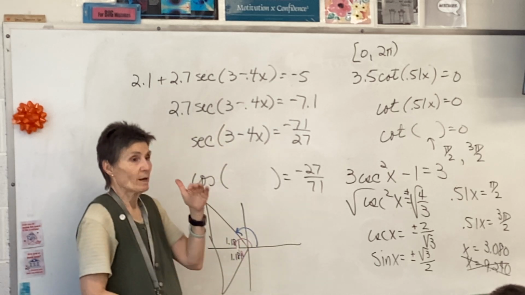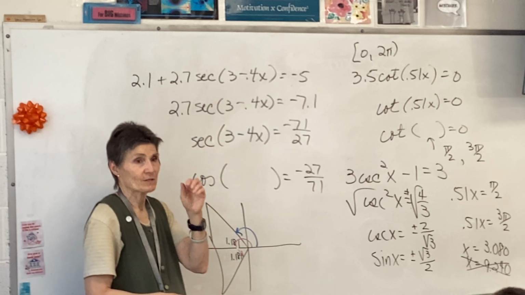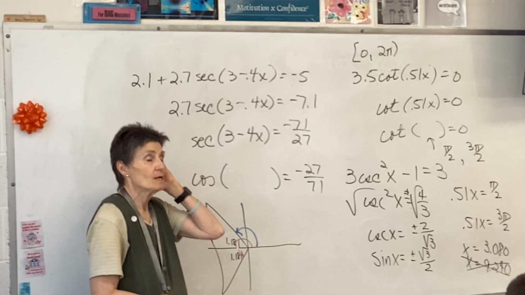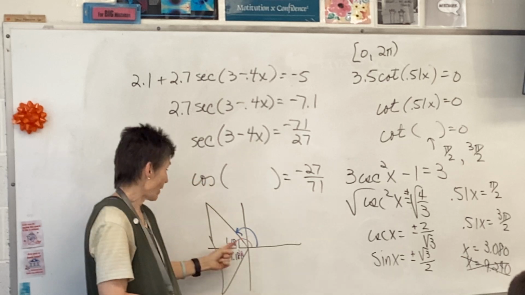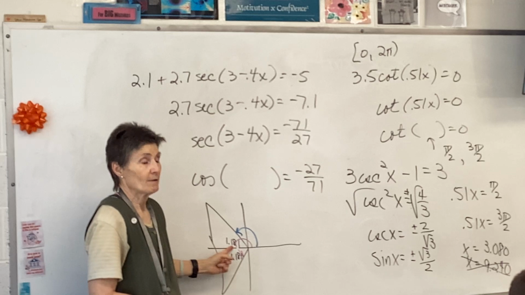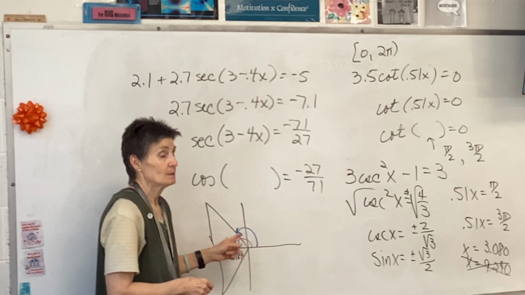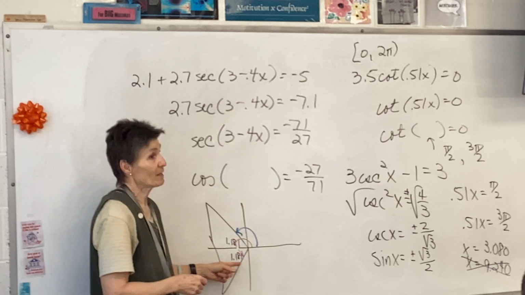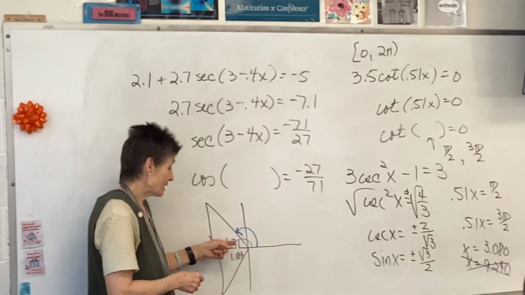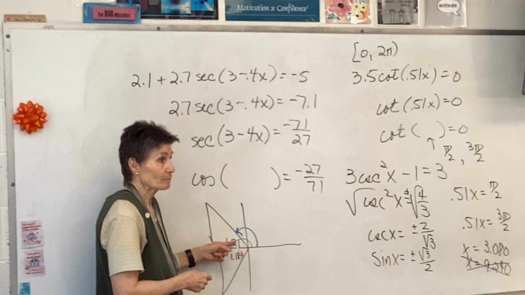Remember, when you are finding angles in different quadrants, you need the reference angle. If you put in the negative, you're actually going to get the blue angle. But then you still have to find the pink one. So you need that reference angle right there.